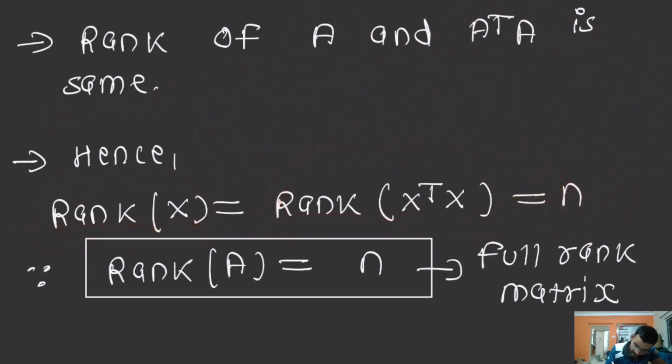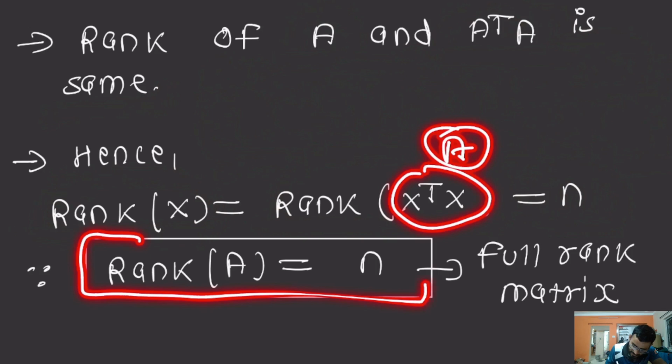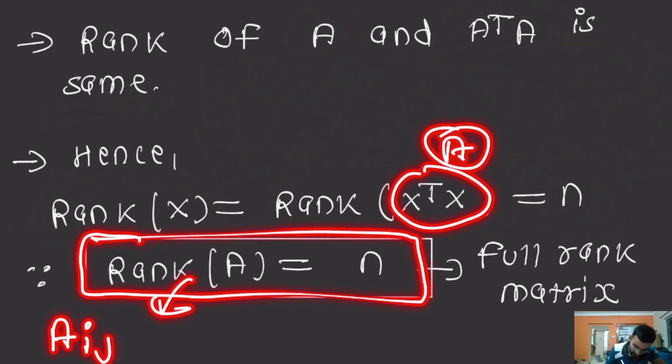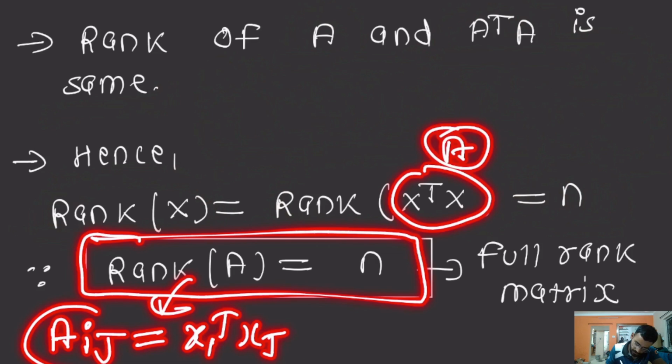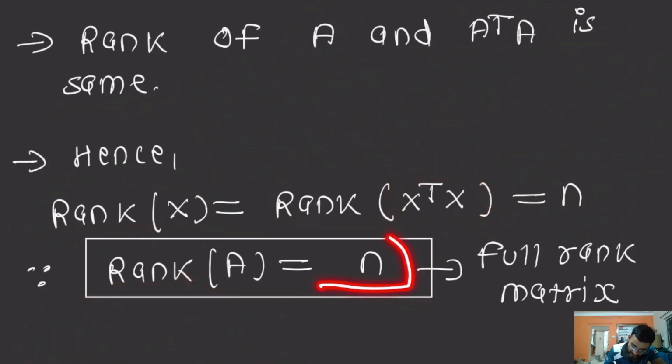Since X transpose X is nothing but A, the rank of matrix A is equal to n. And A is this matrix such that the ijth element is Xi transpose Xj. Okay, and we got that the rank of matrix A is n, which is a full rank matrix.